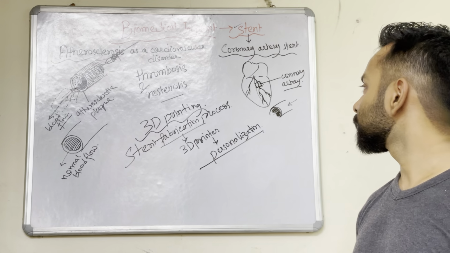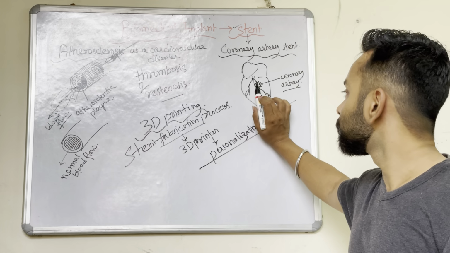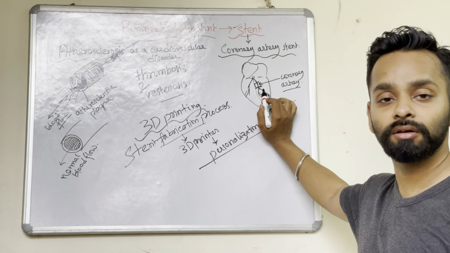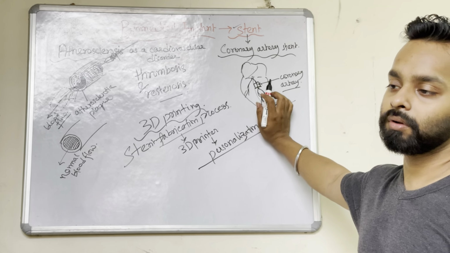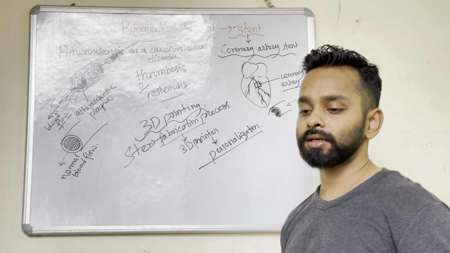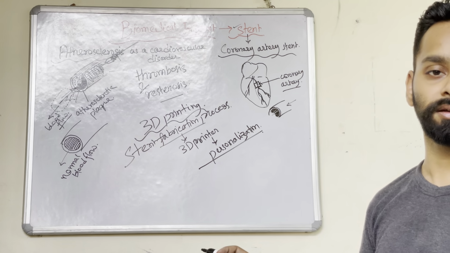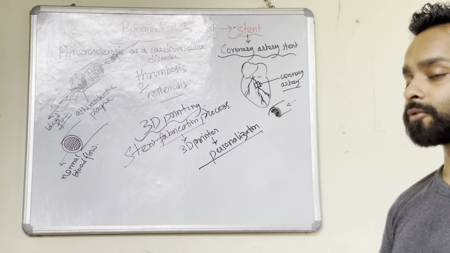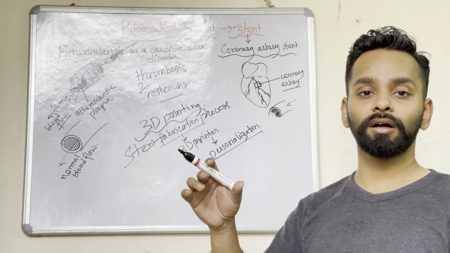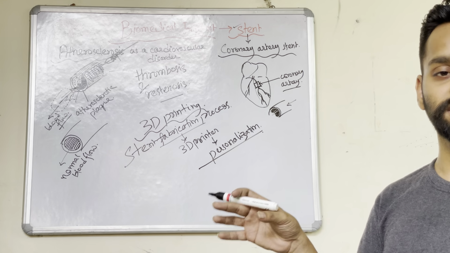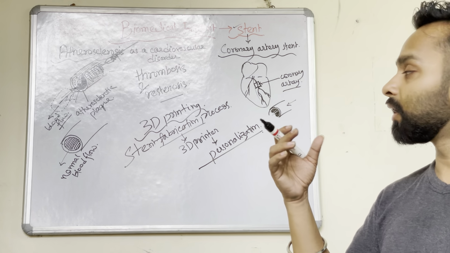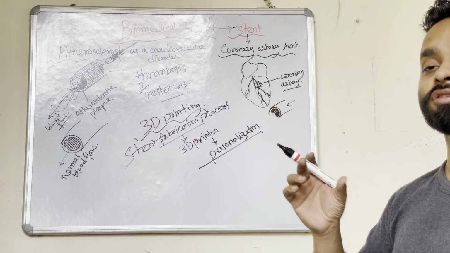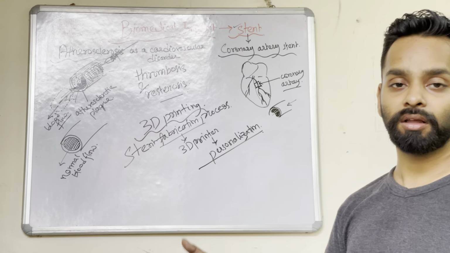So let us assume that a person has a blockage in a specific section of the coronary artery. What is done in this 3D printing technology is that the whole area is scanned through advanced imaging techniques such as CT scans, which gives us a three-dimensional representation of the cross section of the artery, and also the length over which the plaque is formed.